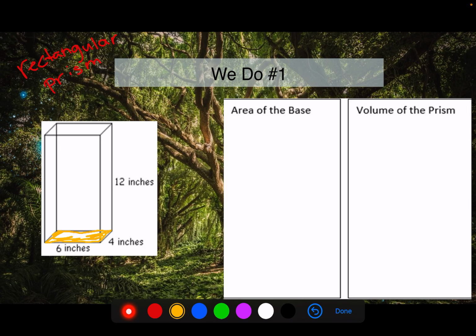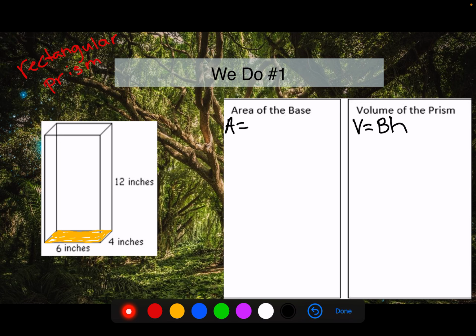Remember, our first step was to shade in our base, right? Now we're going to write our formula. So our volume of prism formula would be V equals area of the base times height. Here we're going to do the area of the base, so that means we're going to find area. And our base is our rectangle. So what's our formula for area of a rectangle?